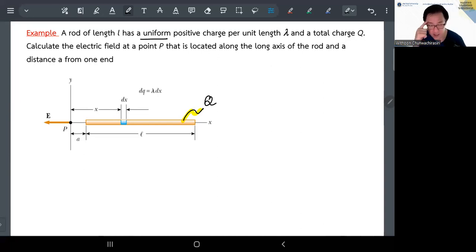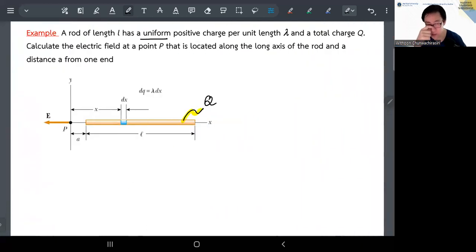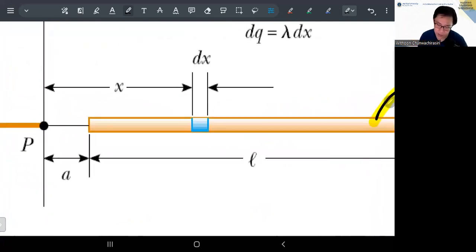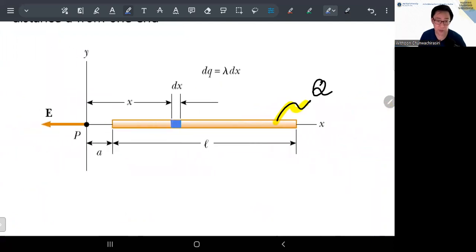Okay, the idea is this. Based on what we talked about here, you have to slice your charge distribution into a tiny bit at a time. So this is how it's done. I'm going to slice this into a tiny piece. This is supposed to be super small. When it says super small, it means it will take up a little bit of space, dx, because as you can see from the layout, you already put the rod along the x-axis.